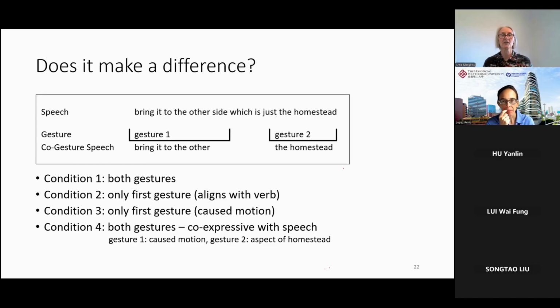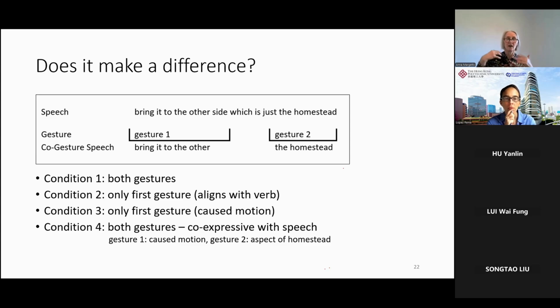Don't know what they brought here, but there are 2 gestures. One was aligned with bring it to the other, and the second gesture was aligned with the noun phrase homestead. So under condition 1, we would include both gestures in our data sample that we then analyze. Under condition 2, we would only include the first gesture because it aligns temporally with the verb.